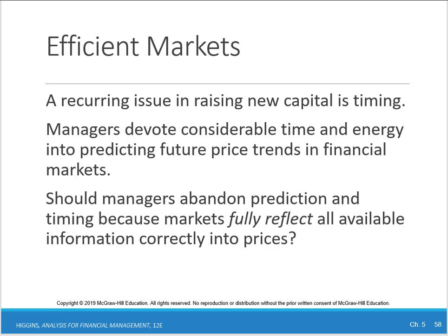So managers spend a lot of time thinking about the prices and future prices, and sometimes they will alter their decision making because of what they feel is the correct information.